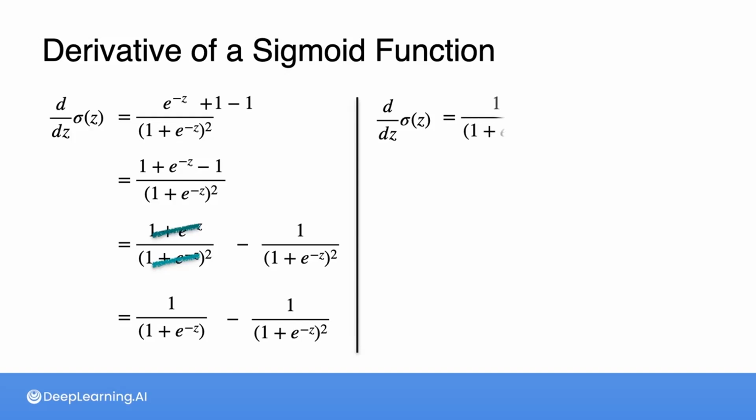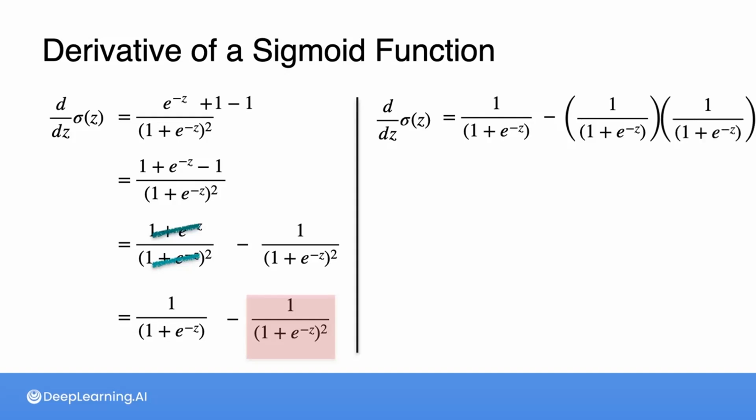And that can be written as this, minus 1 over 1 plus e to the negative z times itself. And now we're just going to factor the 1 over 1 plus e to the negative z times 1 minus 1 over 1 plus e to the negative z. And why do we want to do that?